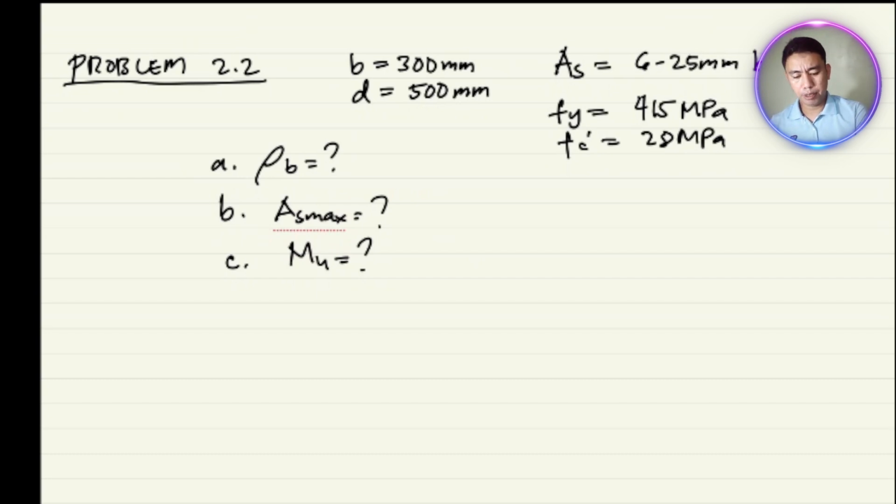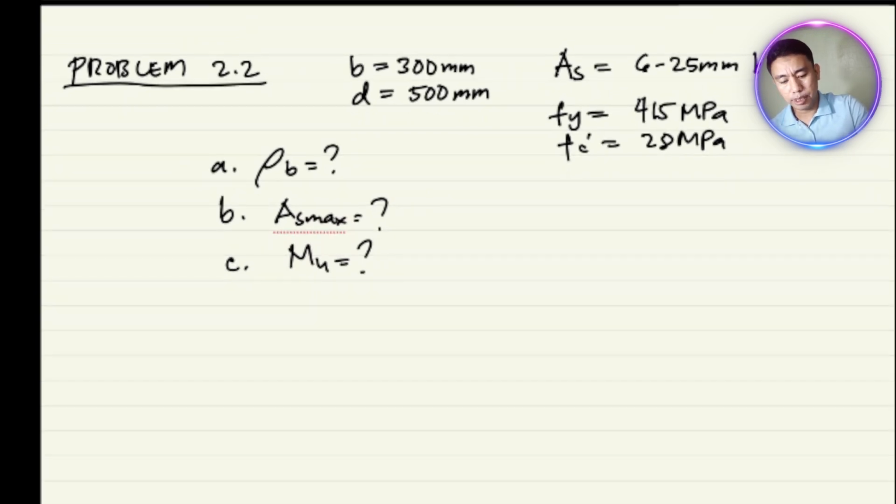Okay, this one is pang board exam lang ito ng mga problems. What is the rho balance? What is the AS max? And what is the ultimate or what is the moment capacity, MU. So given B here is 300 and D is 500. And then we have our area of bar. So ito ngayon, balik.